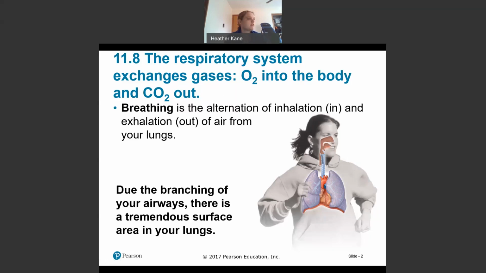We have a lot of these different branching of the airways. You can see how it goes down. You can kind of think of the branching as similar to a tree. So here we have our tree trunk, and our mouth can kind of be like the roots. So we are going to absorb all of those nutrients, or in this case, it would be oxygen.